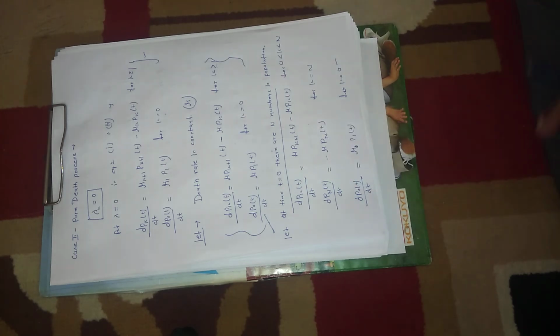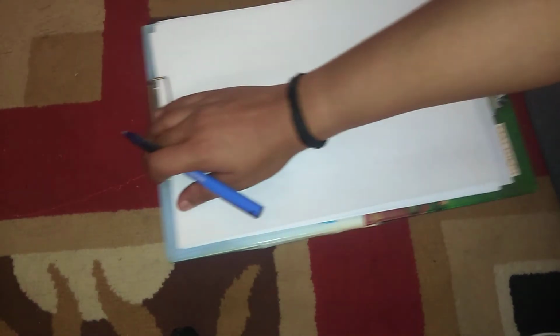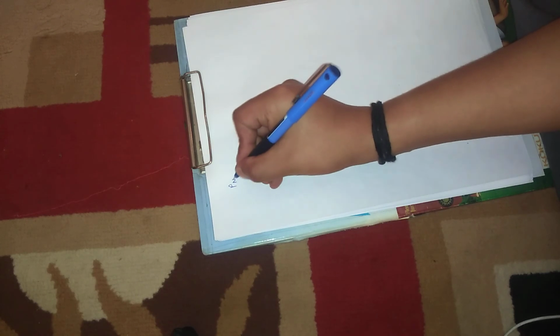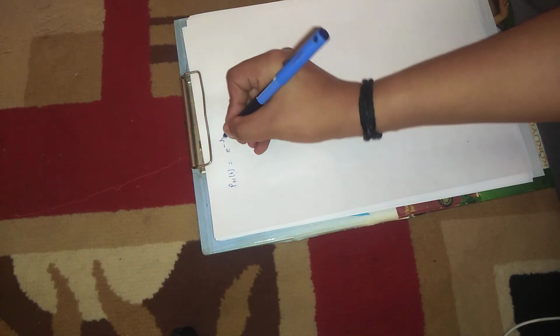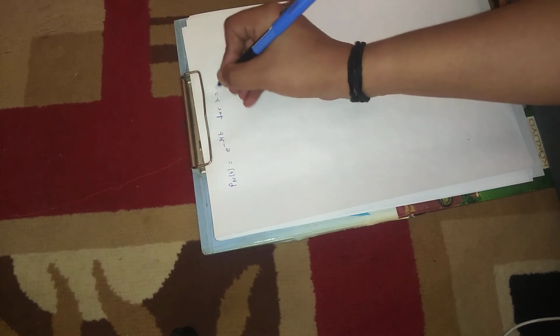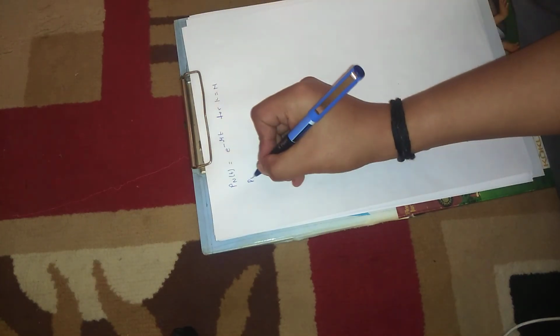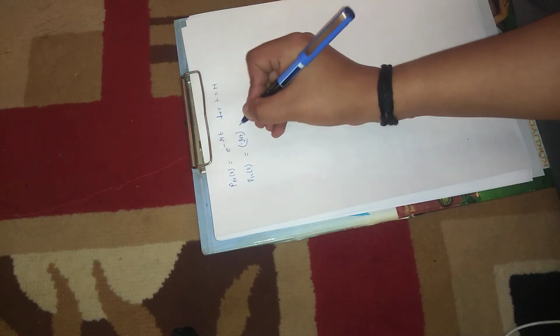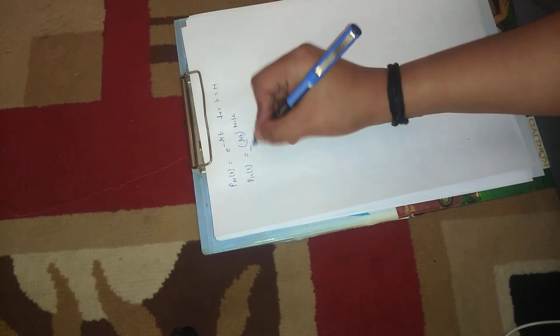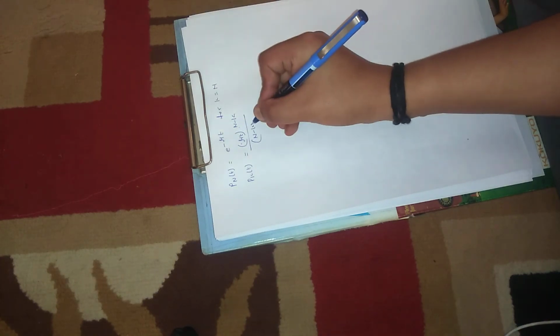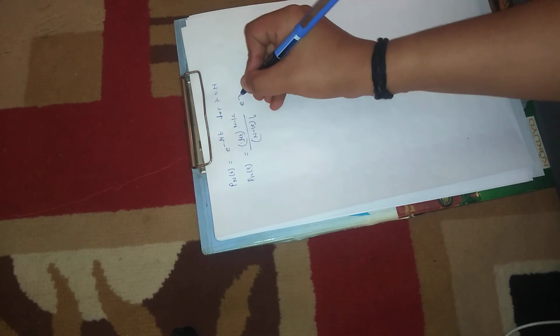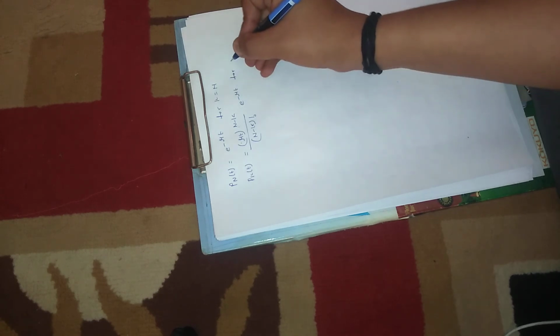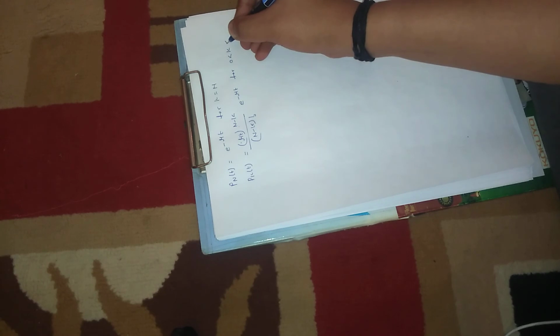Now we have three equations. After applying the boundary conditions and solving these equations, finally we get p_n(t) equals e to the power minus mu t for k equals n. Second, p_k(t) equals (mu t)^(n-k) upon (n-k) factorial, e to the power minus mu t, for k between 0 and n.